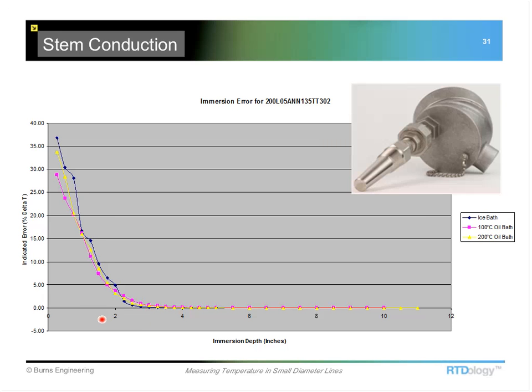And coming down here, we can see that if we get 2.5 inches, we've got a fairly small error. It's like 1% of the delta T. But really, to get away from the immersion error or stem conduction, we need to get out here to about 4.5 inches of immersion before we get to that point where it's even difficult to measure if there is any conduction error happening.